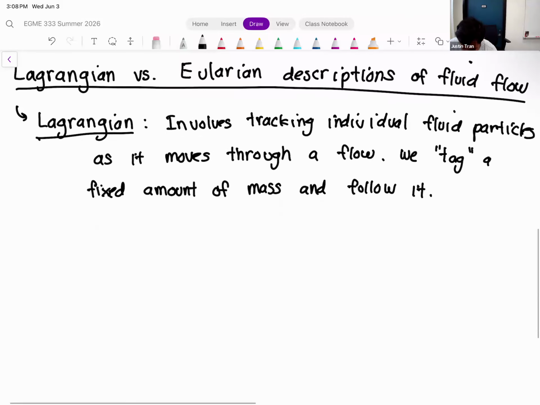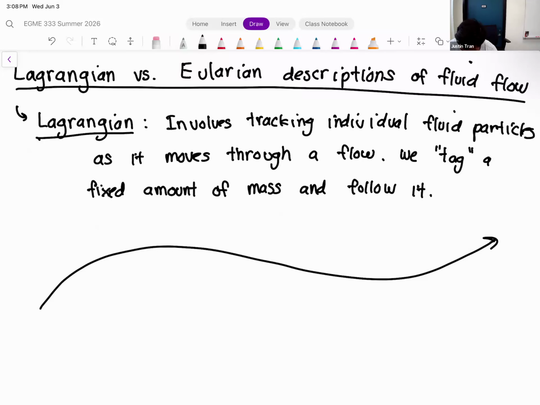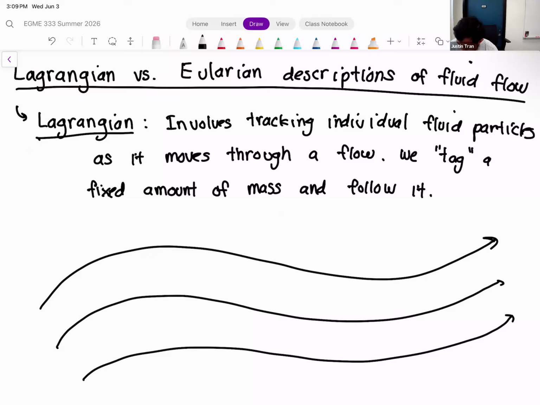All right, so visually it looks like this. Let's say you have a flow field that looks like this, with fluid flowing in this direction. For a Lagrangian description, you would take a single fluid particle. Let's say we have a particle that starts right there. Call this P1.